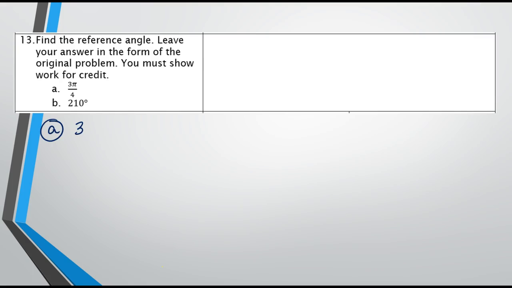So I have 3 pi over 4. What I want to do is create my quadrantal angles so that everything has a common denominator of 4. So I'm going to put just blank fractions that have a denominator of 4. We always start with 0 pi. To get my next one, we're going to divide our denominator by 2.